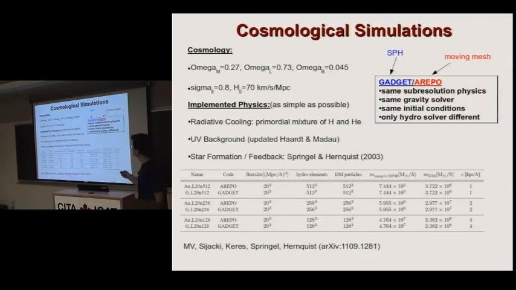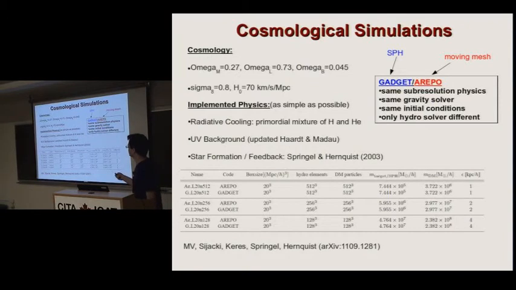These were simulations where we did exactly the same kind of initial conditions, both with Gadget and Arepo, and we had the same sub-resolution physics in both codes, the same gravity solver. The only difference between these calculations is really the hydro solver, which in Gadget is the standard smoothed particle hydrodynamics, and in Arepo the moving mesh approach, which Friday will talk a lot more about.